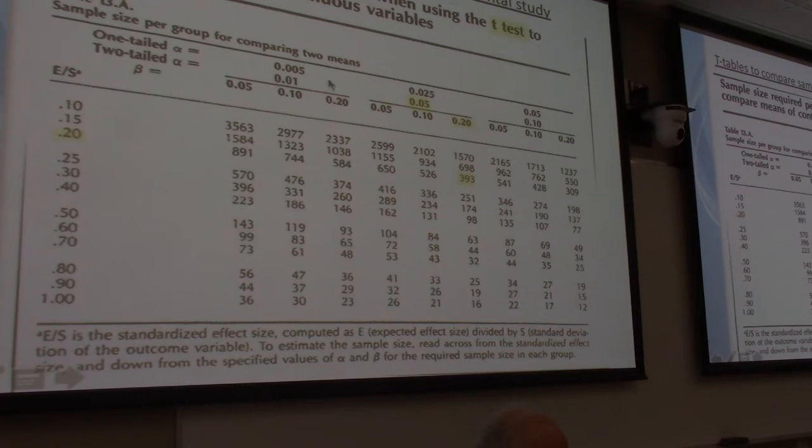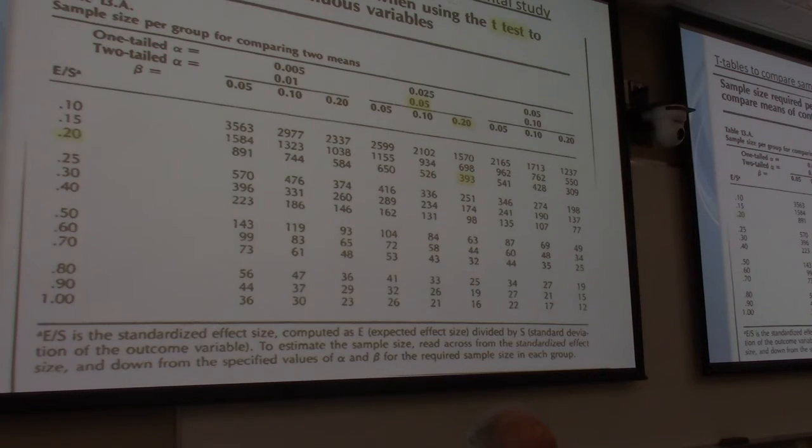We have decided together we're going to do a two-tailed test with an alpha 0.05 and a power of 80%, which is a beta of 0.2. I follow this column down until I meet the effect size, and I see that I need 393 in each group. Now that's a lot of subjects.